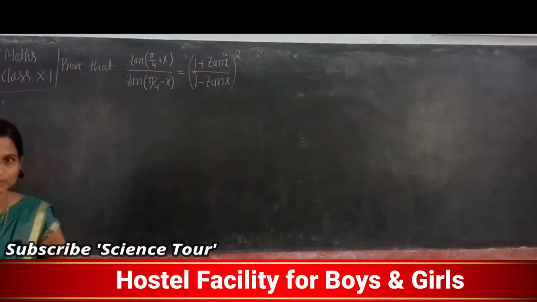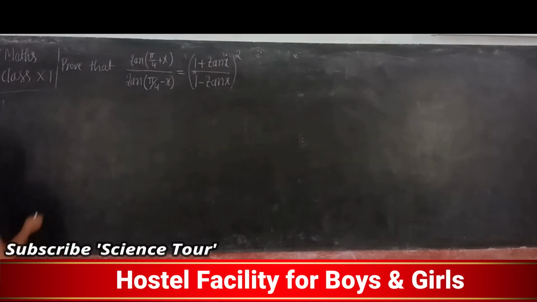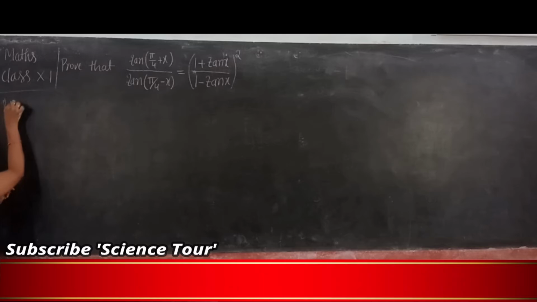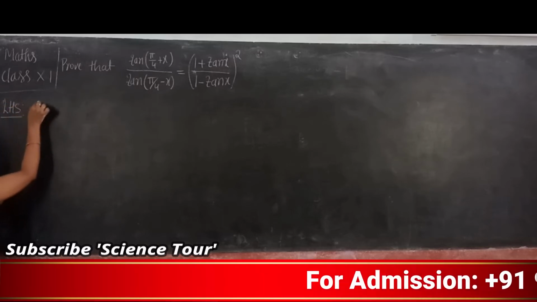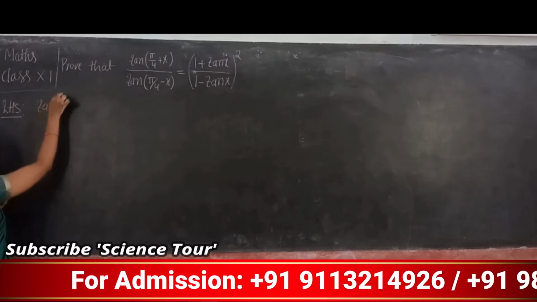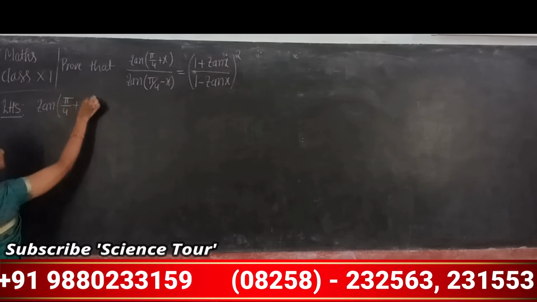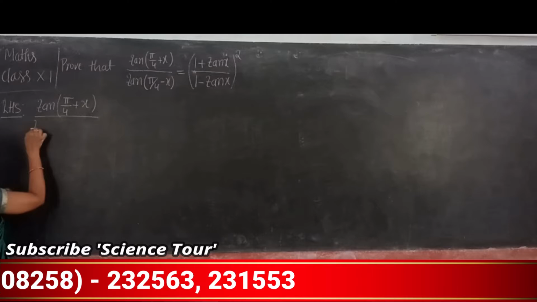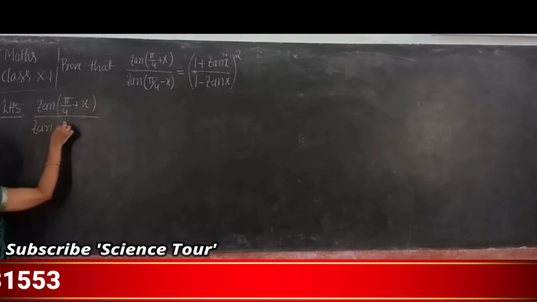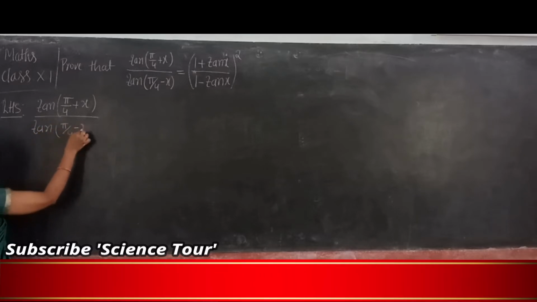So now take the LHS side first. What is our LHS side? LHS side is tan of pi by 4 plus x divided by tan of pi by 4 minus x.